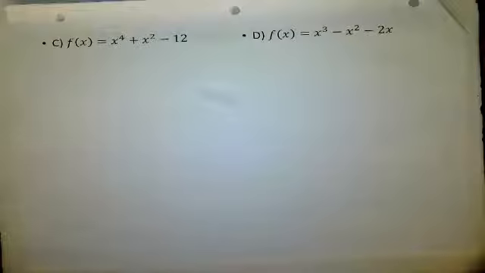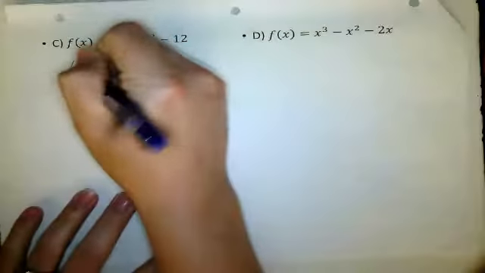We have f of x equals x to the 4th plus x squared minus 12. How many terms do we have? 3 terms. We have a trinomial. What are we going to try to do? We're going to try to factor.